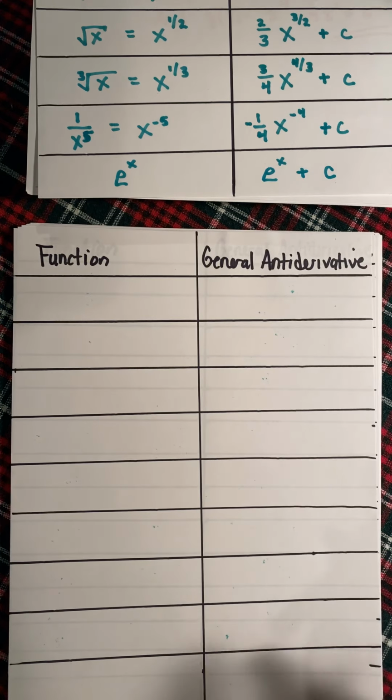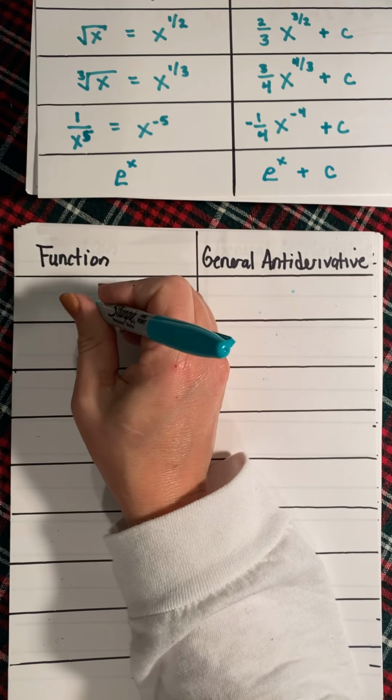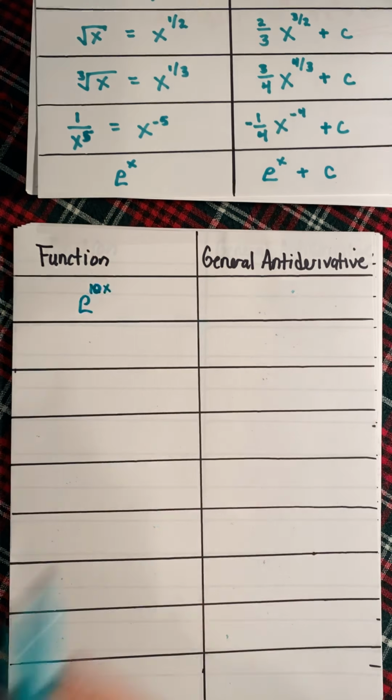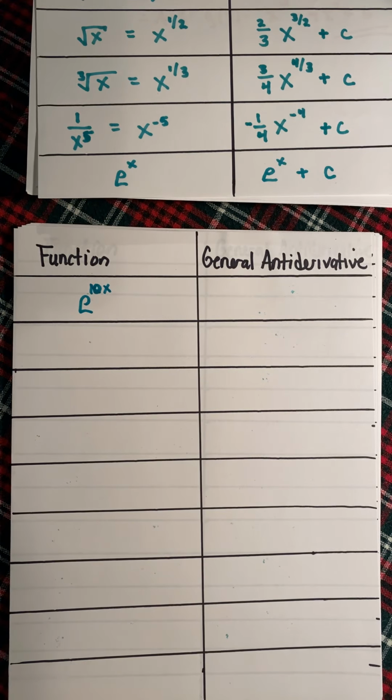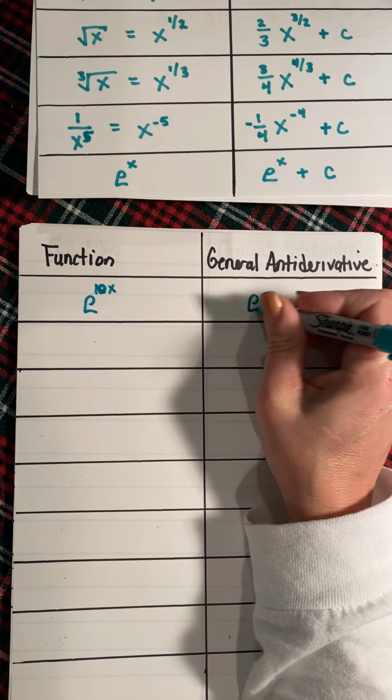So let's keep going. All right, keeping this one in mind, what if I have a constant up here? Let's see if we can work backwards. I'm going to do e to the 10x. Well, here we have to reverse the chain rule in our head.